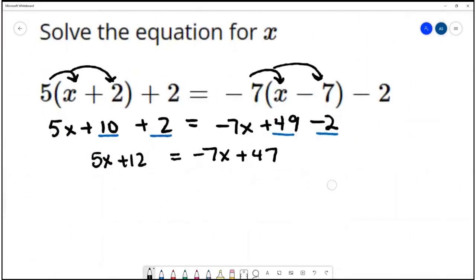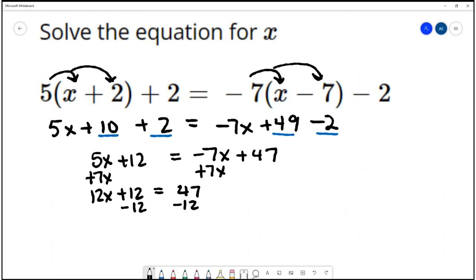Now that I've got each side as simple as possible, I want to collect the x's onto one side and all other terms on the other side. I'm going to collect the x's by adding 7x to both sides. That's 12x plus 12 equals 47. And now I'll get x by itself.